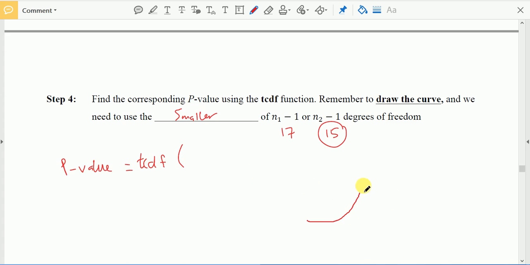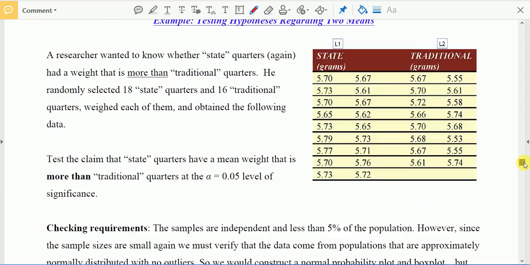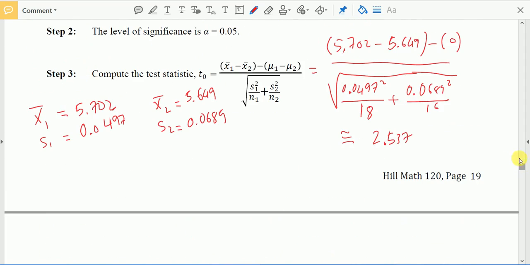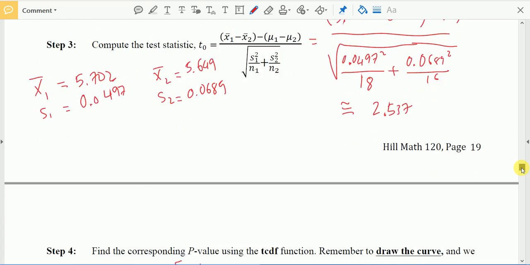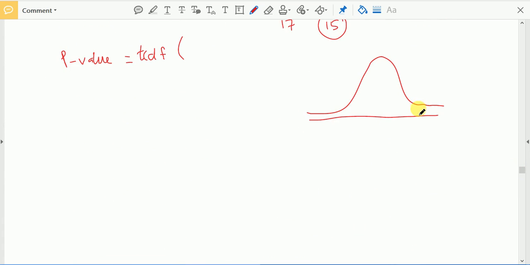So let's draw the curve. We got the value 2.537. It's a positive value, so let's say around here, 2.537.